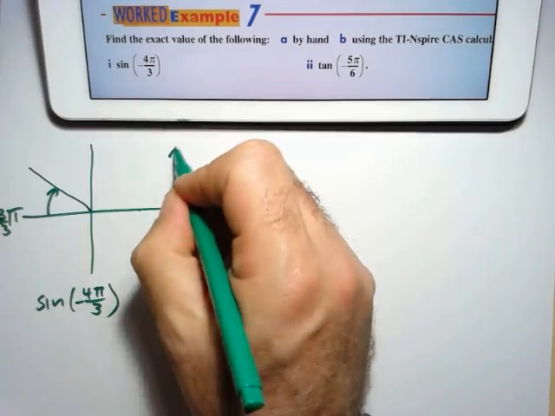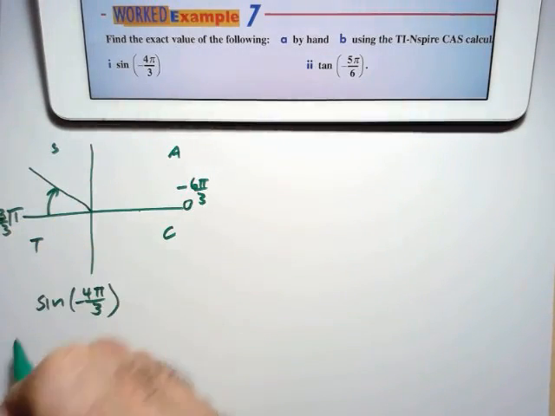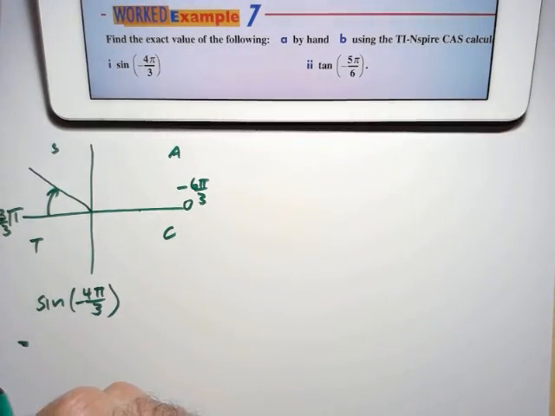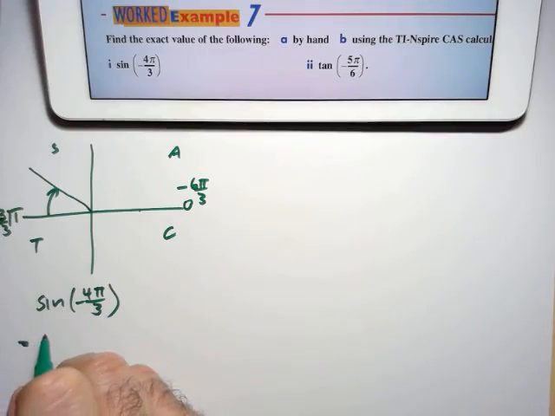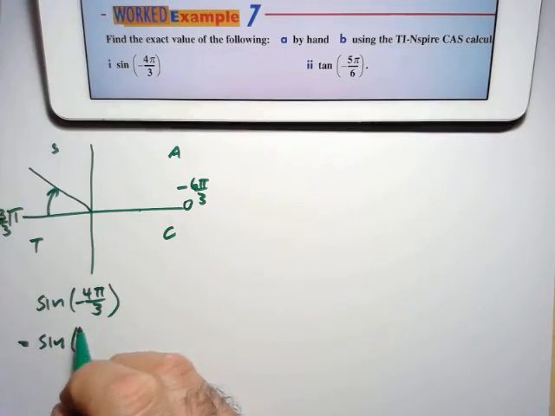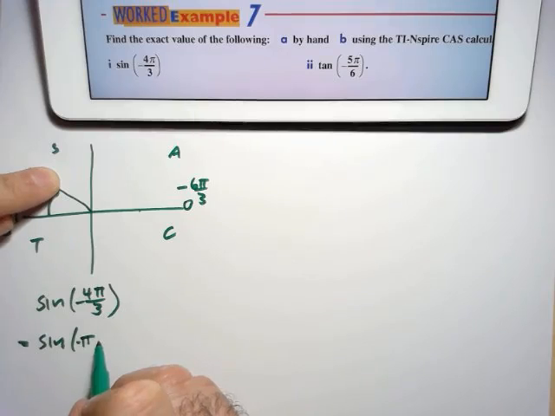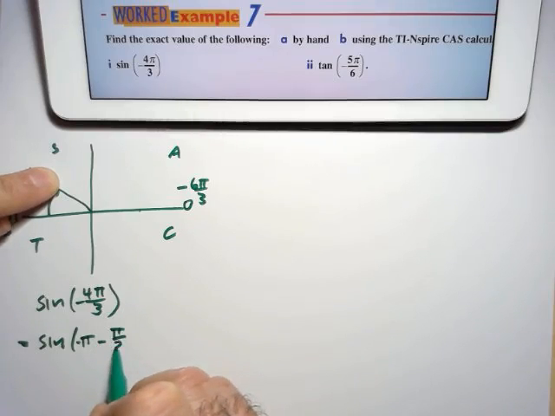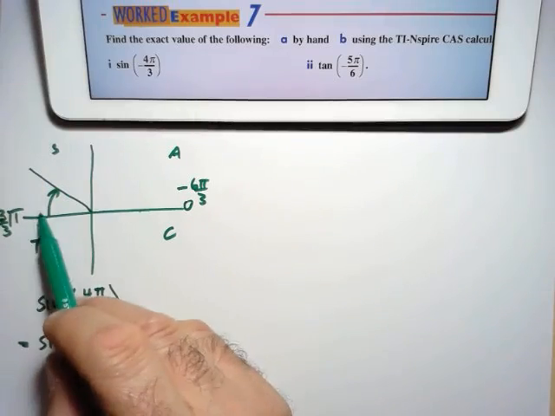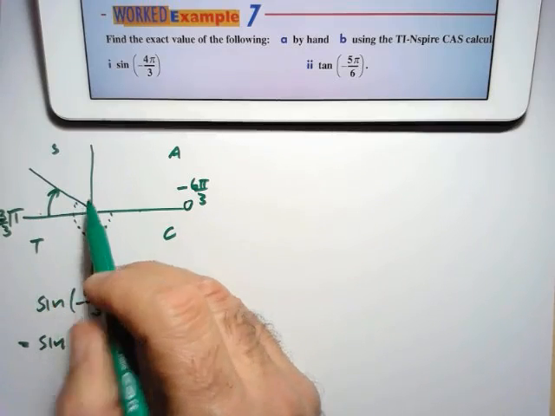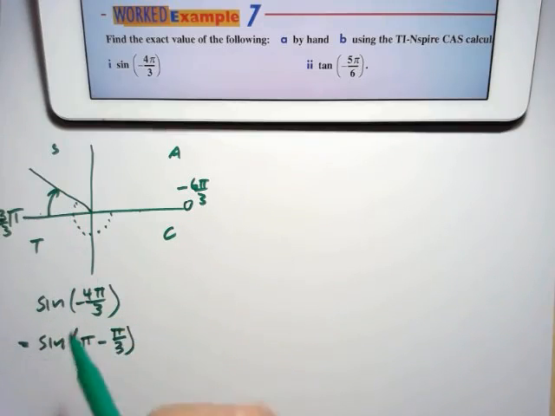I'm going to say CAST. The sine of negative 4 pi over 3 is the same as the sine of, this is minus 3 pi over 3, but I'm just going to say minus pi. And it's going in a negative direction, so it's minus another pi over 3. So if this is minus 3 pi over 3 and that is minus 4 pi over 3, then this must be just pi over 3.